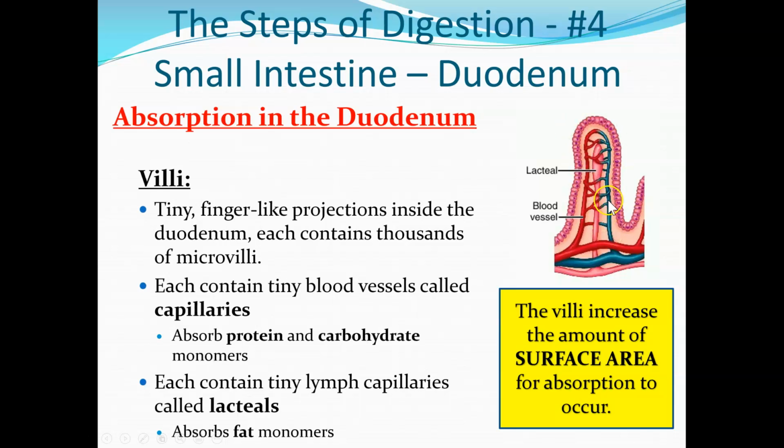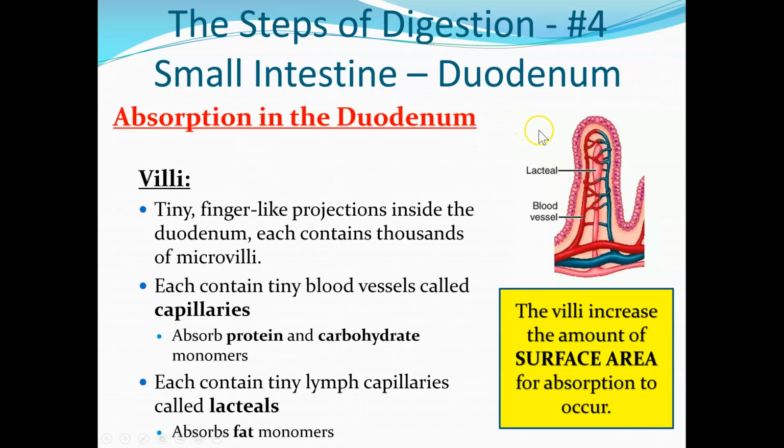So within the small intestine, the proteins and the carbohydrates, the smaller monomers or smaller molecules, will enter into the bloodstream from the small intestine, so that these nutrients can be taken away and enter the circulatory system to be transported around.